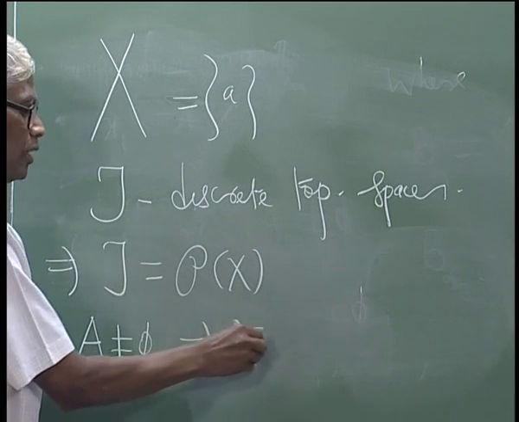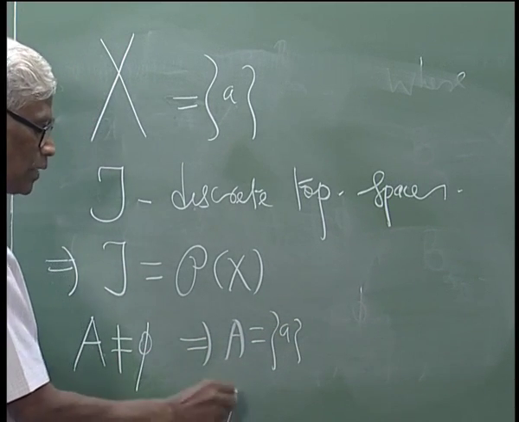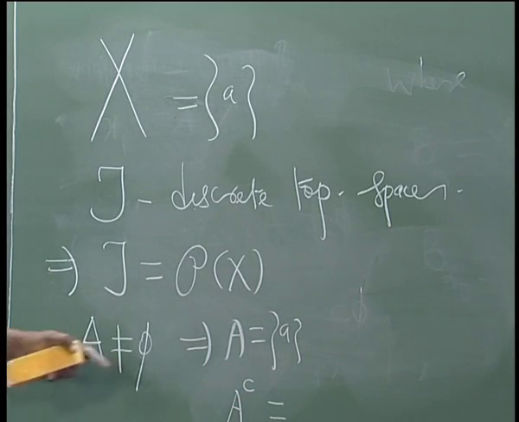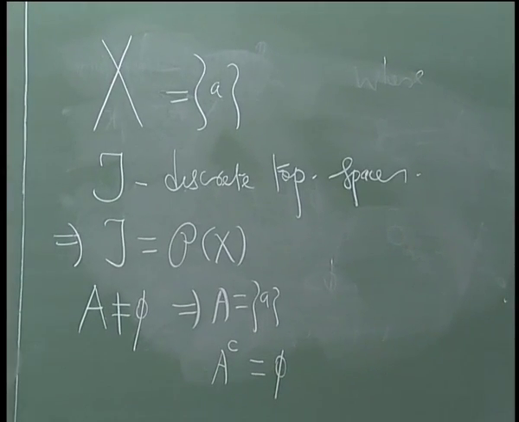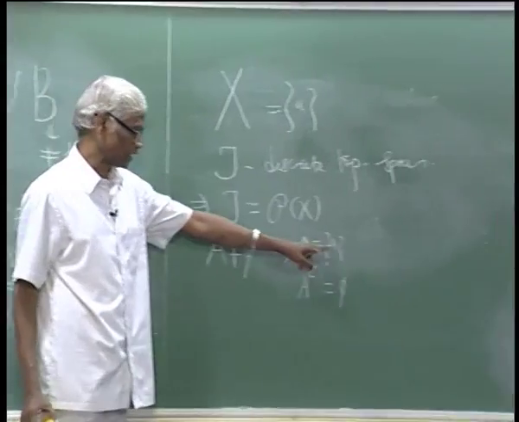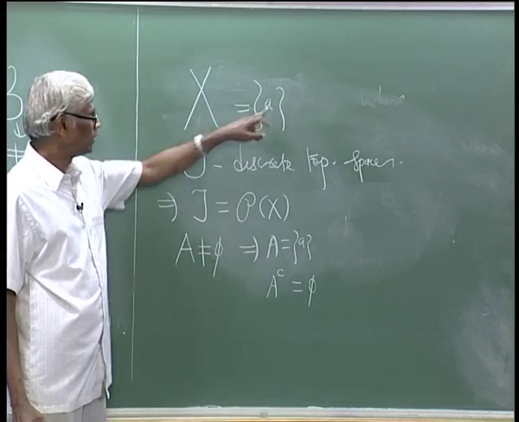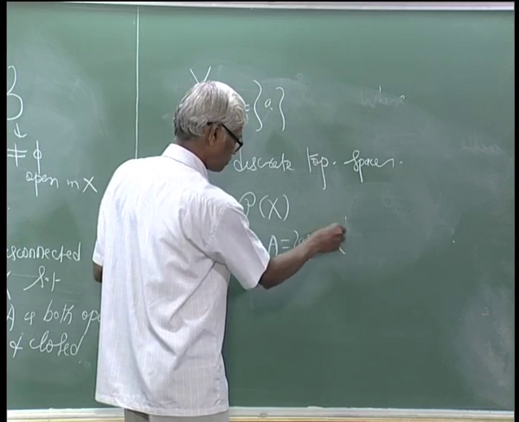Then A complement is the empty set. What we want is a set A non-empty and not equal to X. Here A is non-empty, but it contains only the singleton, so this becomes the whole space.